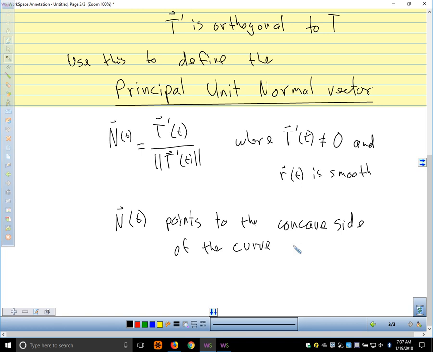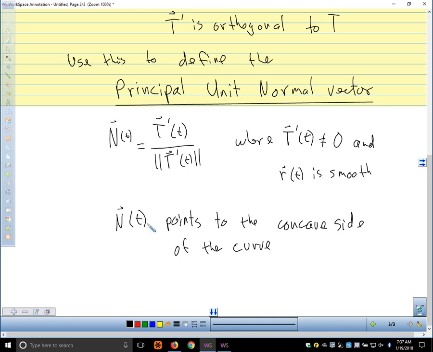Or we can think of it as pointing in the direction that if we're thinking of the object moving on this curve, it points in the direction that the object is turning. So our principal unit normal vector, we're going to use that when we talk about acceleration and our normal component of acceleration. Because the normal component of acceleration we expect has something to do with an object turning somehow.